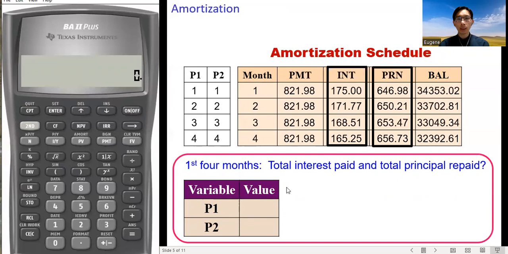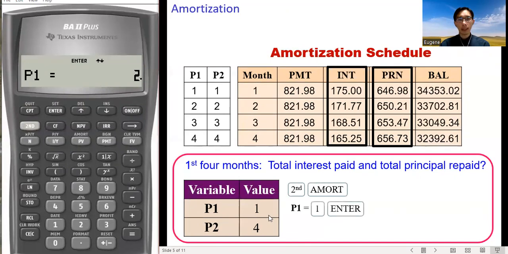We are interested in the total interest and the total principal between payment number 1 and payment number 4. So we key in P1 equals 1 and P2 equals 4. Activate the amortization worksheet and key in 1 for P1 and then 4 for P2.